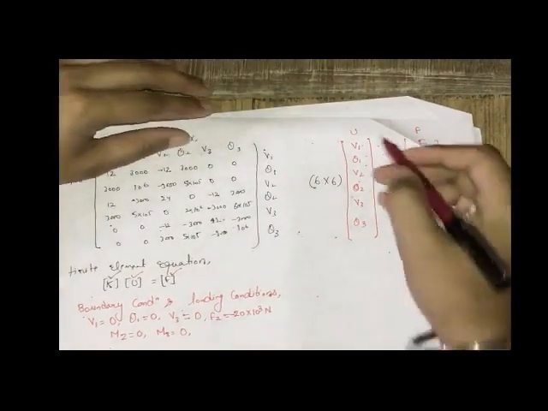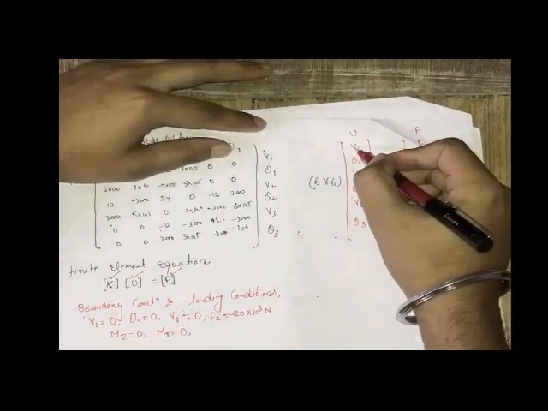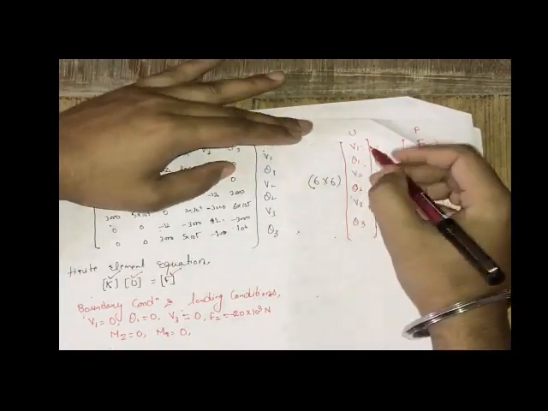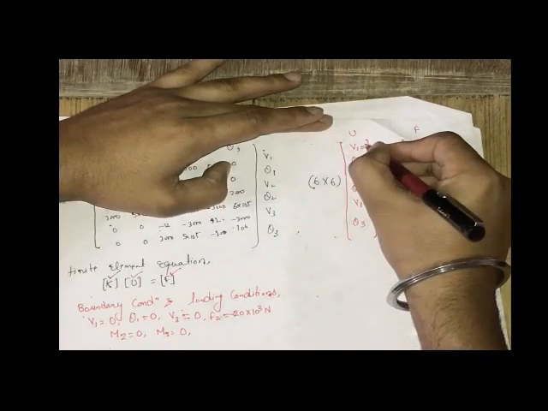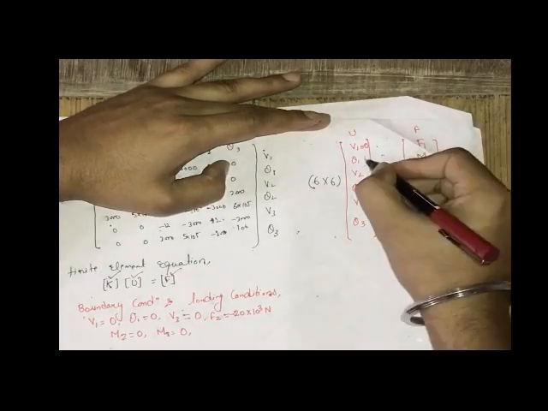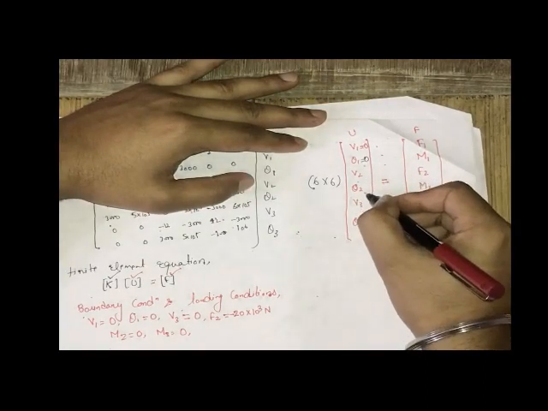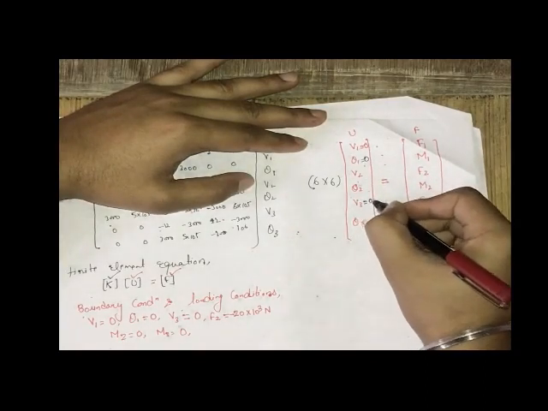So here b1, we will write the same finite element equation. So this becomes b1 equal to 0, and theta 1 is also equal to 0, and v2, theta 2, v3 is also 0.